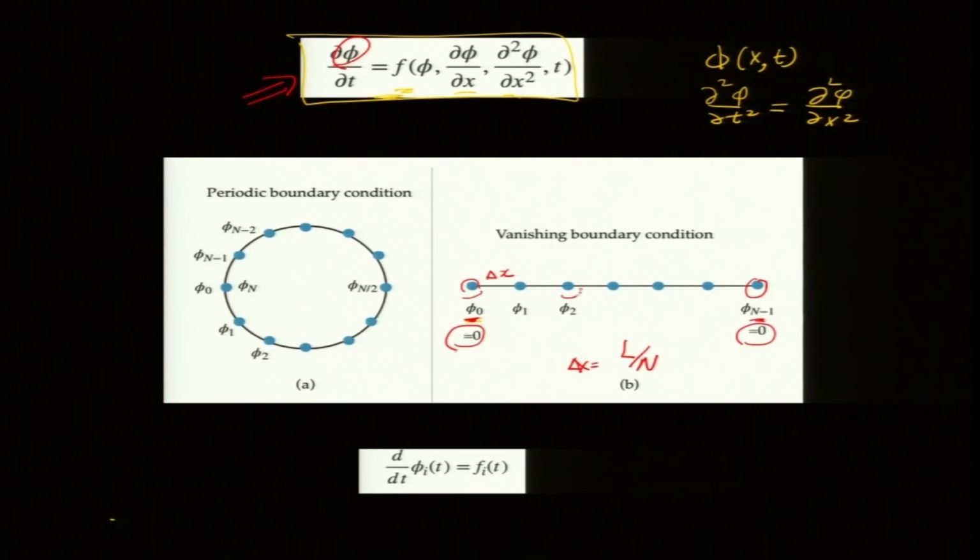Let us look at this phi 2. I can say i equal to 2, d phi by dt, and I compute the right hand side at point 2. Imagine this function is phi minus phi plus this right hand side, this f.